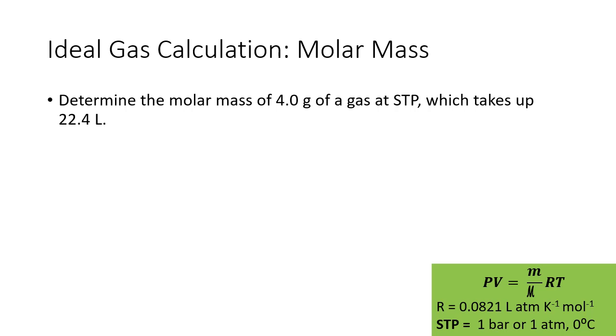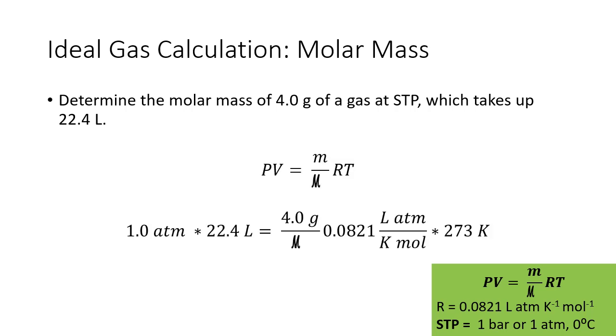So we're going to plug in our values into the PV equals mmert equation. We have 1 atmosphere at STP. We have 273 Kelvin. We put in our volume, the mass of stuff we have, and our R. And then we isolate molar mass.